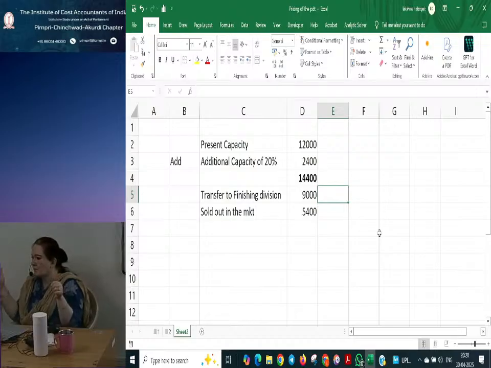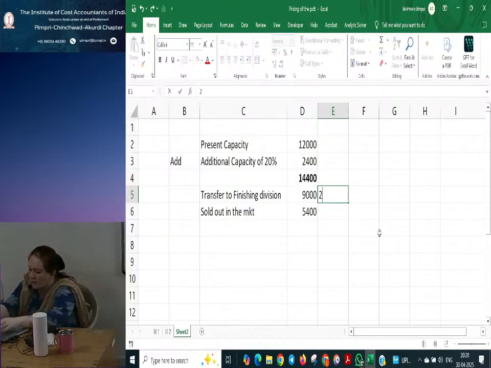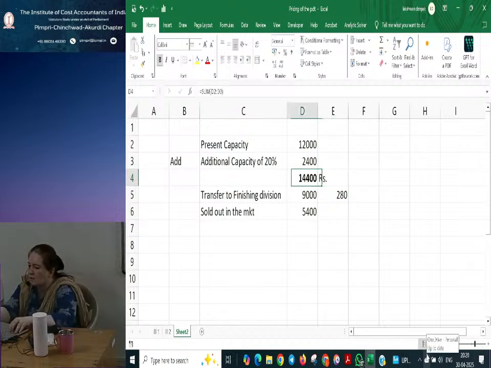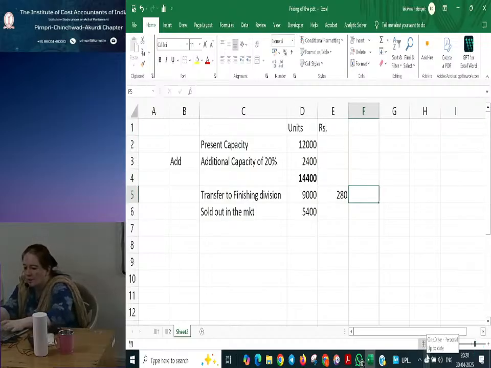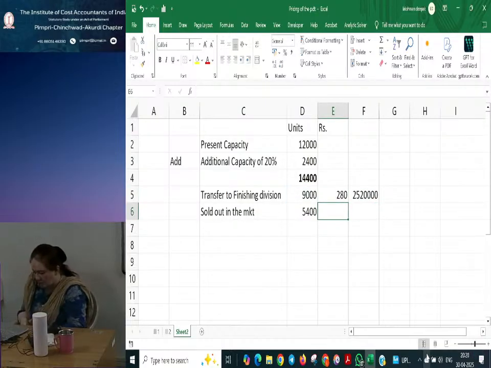Yes, ma'am. Understood. So then we come to our calculation once again. So 9,000 units they have fixed to be sold at 280 as before. Okay, so this is units and this is rupees. So 9,000 into 280. Of course, they are also not going to change the market price at which they are going to sell.